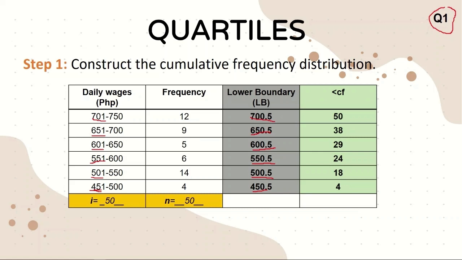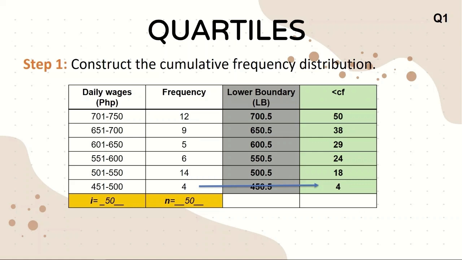And then the less than cumulative frequency, all we need to do is to add successively the frequencies of all the previous classes. It begins from the lowest to the highest size. So in this example, the frequency of the first class is 4, right?